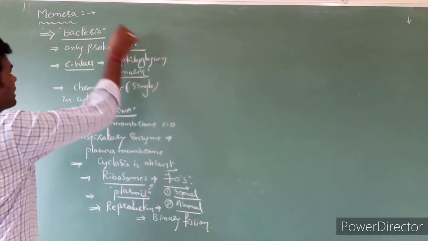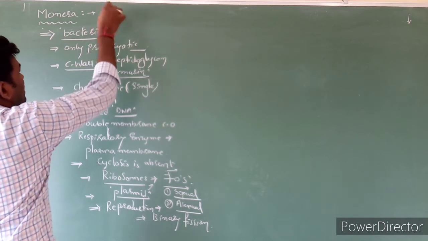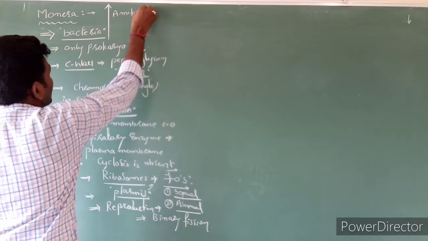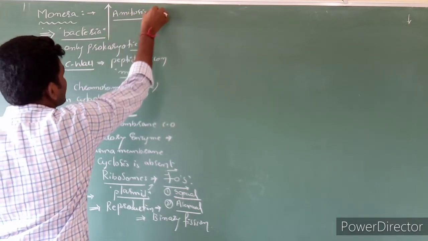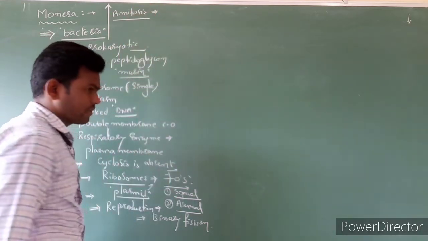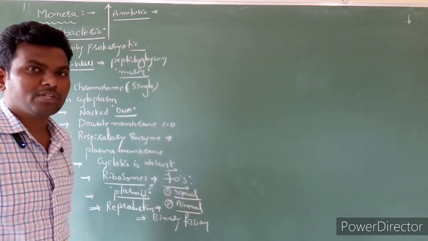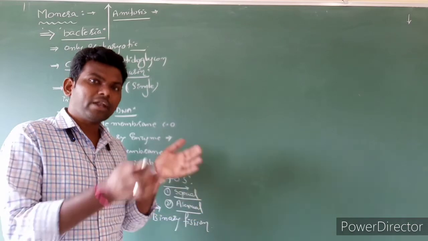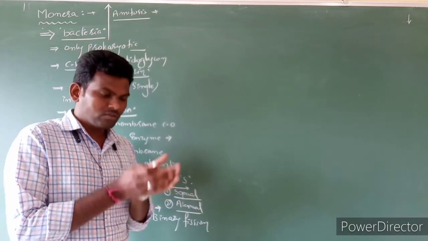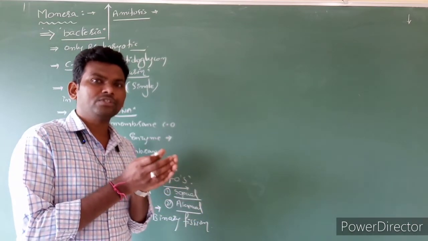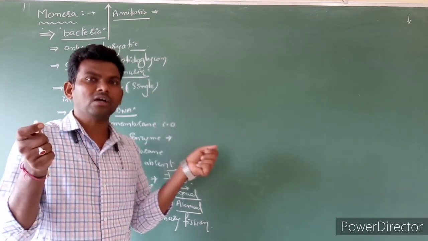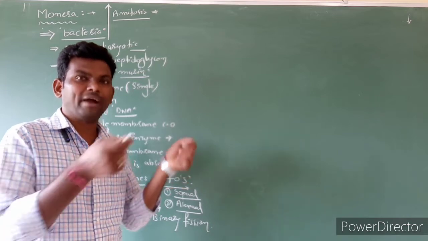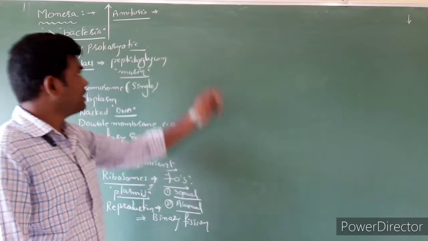And one more character is amitosis. Through amitosis, the cells develop. What is the major difference between mitosis and amitosis? In mitosis, spindle fibres are formed. These spindle fibres are useful to separate the chromosomes, and equal distribution occurs.